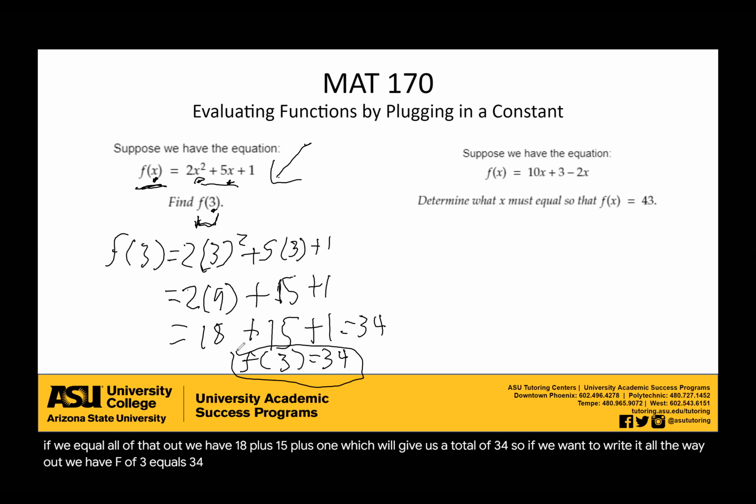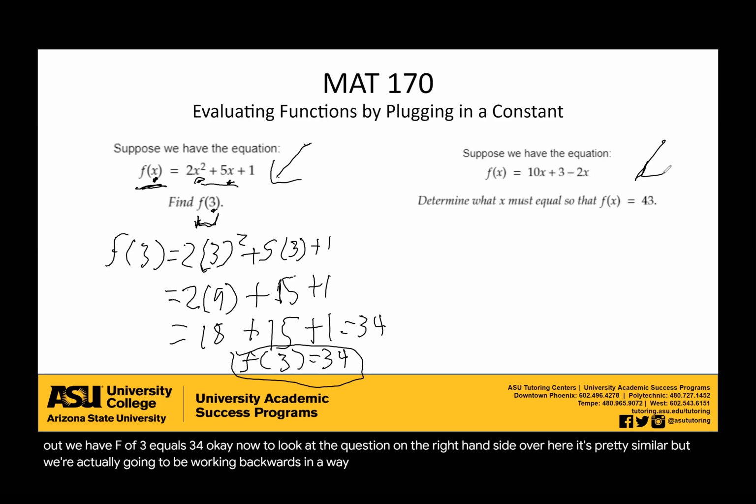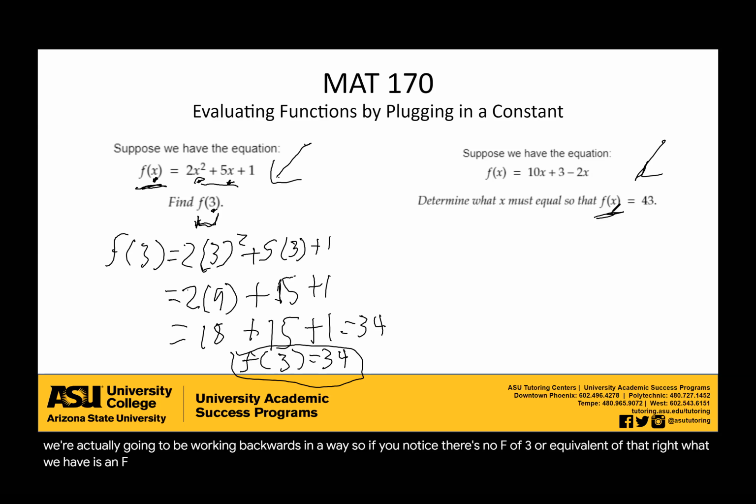Perfect. Okay, now to look at the question on the right-hand side over here. It's pretty similar, but we're actually going to be working backwards in a way. If you notice, there's no f of 3 or equivalent of that. What we have is f of x equaling 43, and they're telling us that we need to figure out what x must equal.